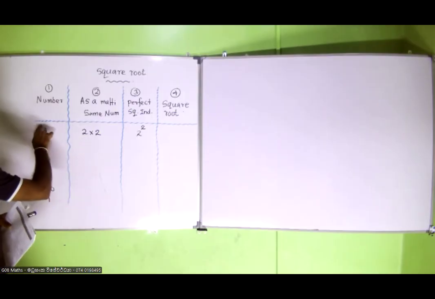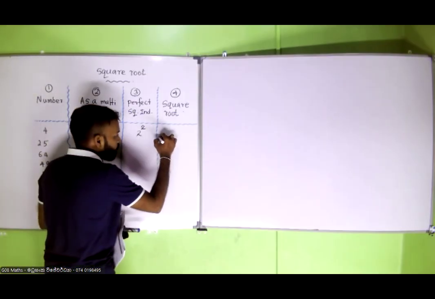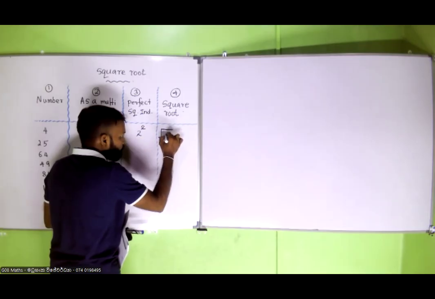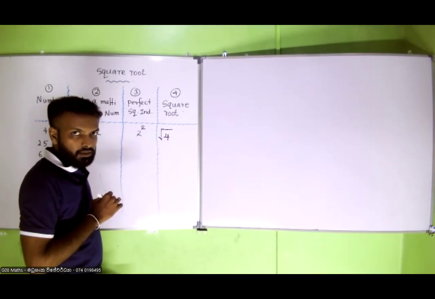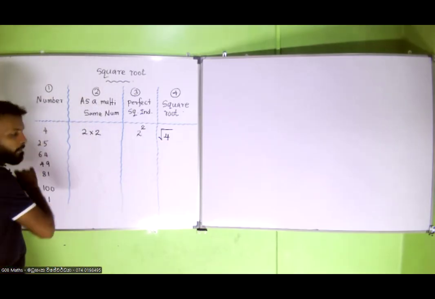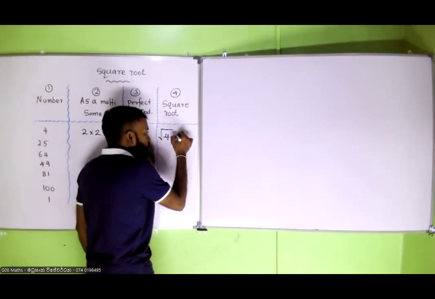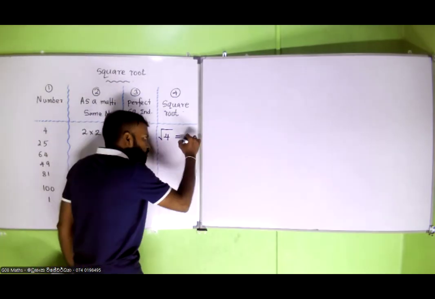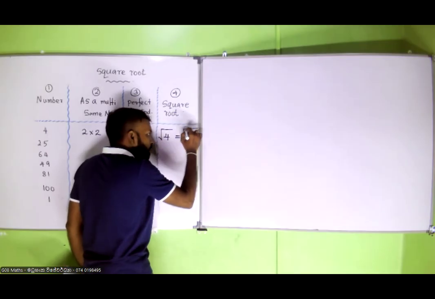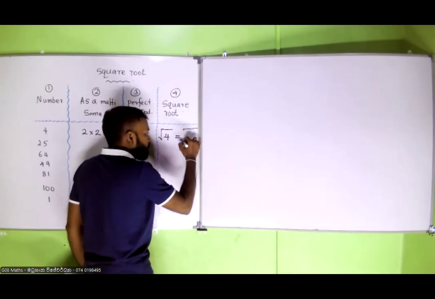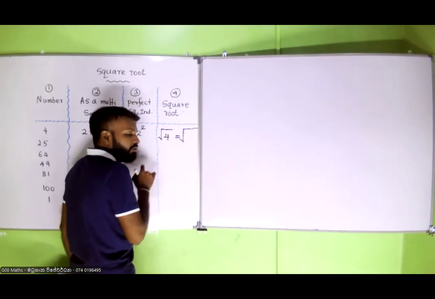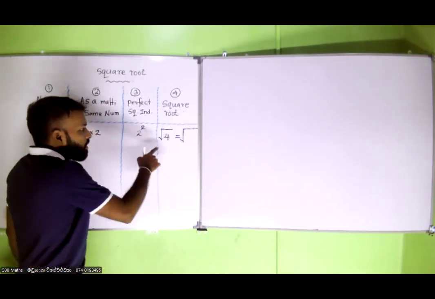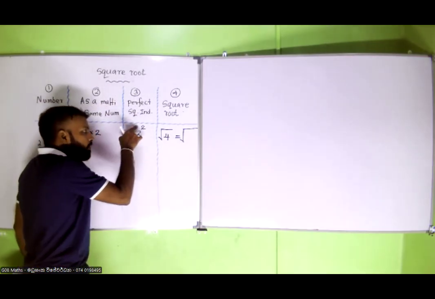So the square root of 4 is equal to the square root of 2 to the power 2.